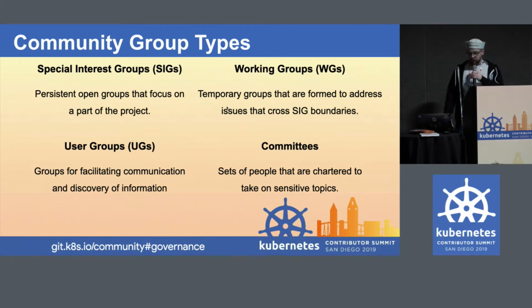Then user groups provide a means for end users to collaborate, along with a unifying voice to drive specific features in the upstream community. And our last group, committees, are elected and tend to handle sensitive materials, things related to the code of conduct or security.